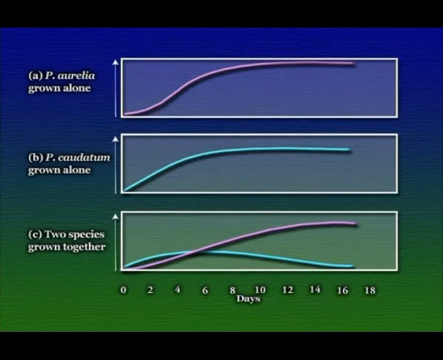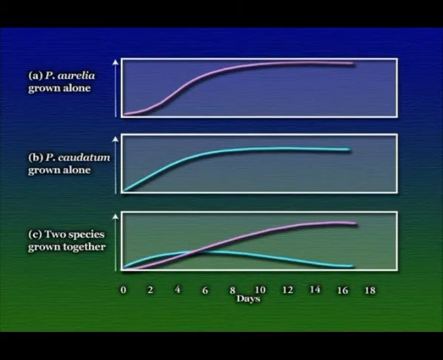Specifically, Gauss saw that at the start, both species would begin to increase their population size, say over the first few days of the experiment, and in fact start to follow a growth curve that would be predicted by logistic growth. But at some intermediate population size, the population of Paramecium caudatum would begin to decline.